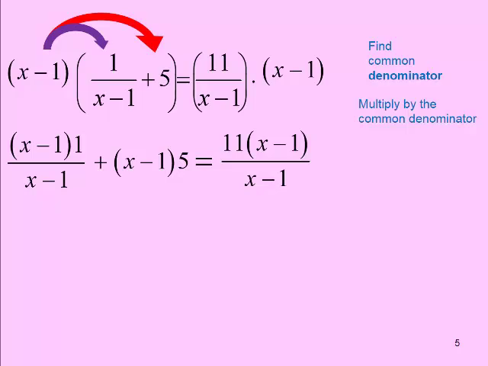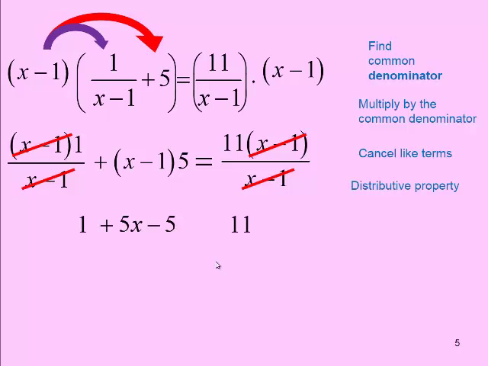In the first term, x minus 1 top, x minus 1 bottom. In the last term, x minus 1 top, x minus 1 bottom. 5 times x minus 1 will multiply out. And then we can finish solving a nice linear equation. So that's the process of solving fraction equations.